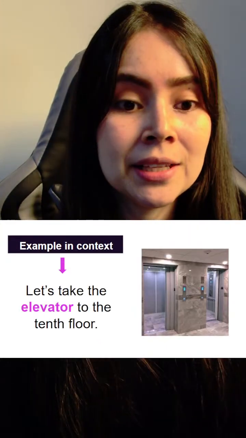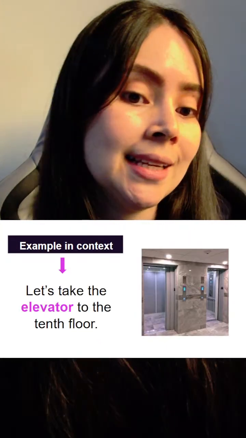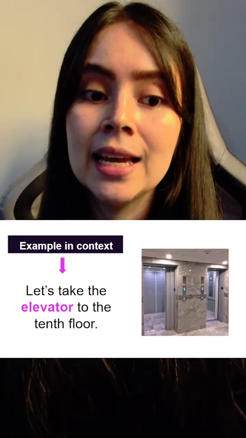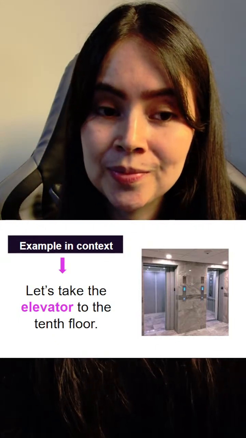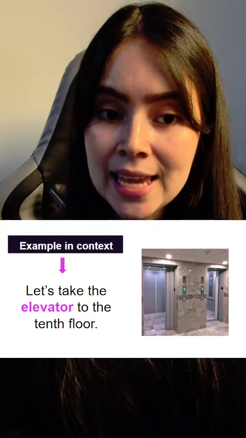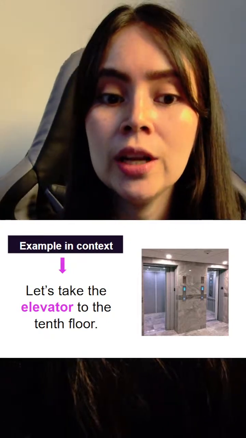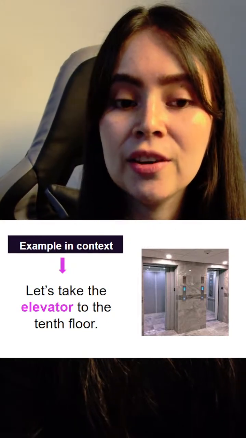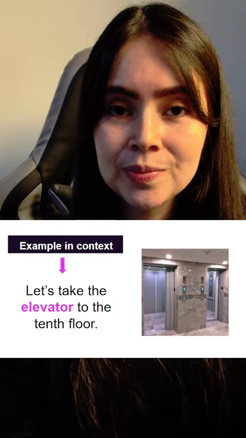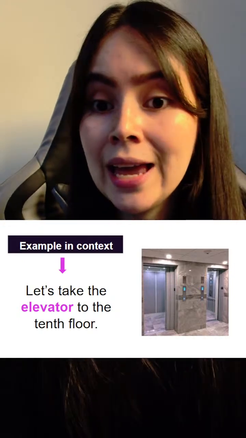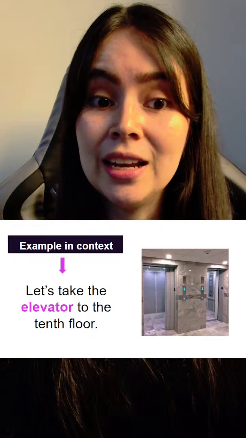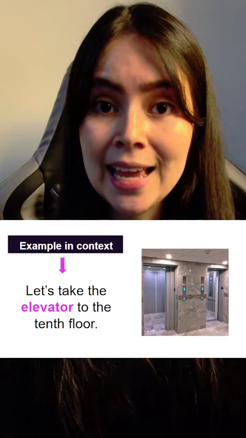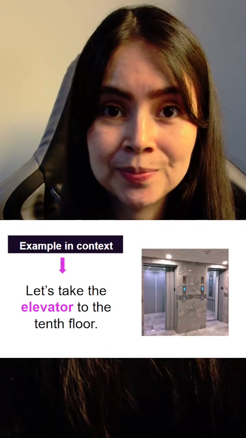The example in context that I have for you is this. Let's take the elevator to the 10th floor. We can also say lift. Let's take the lift to the 10th floor.